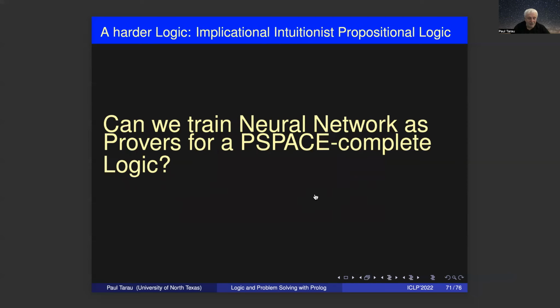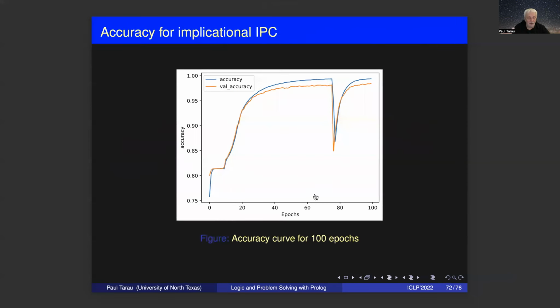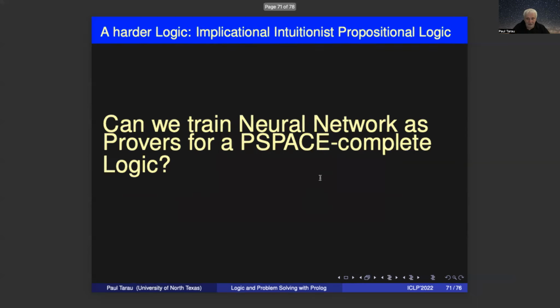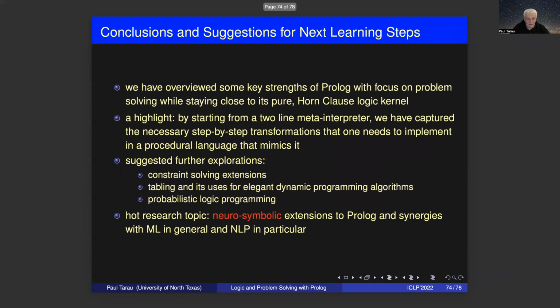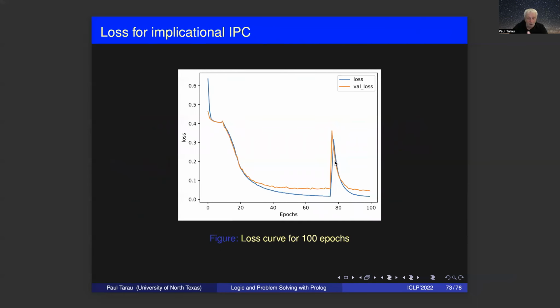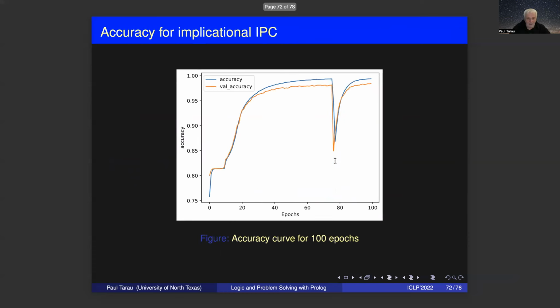And now the question is, can we do it for the general case, arbitrary propositional logic? You get very good accuracy, but not perfect this time. And there are some surprising gaps in the loss function here, as well as in the actual learning curve.